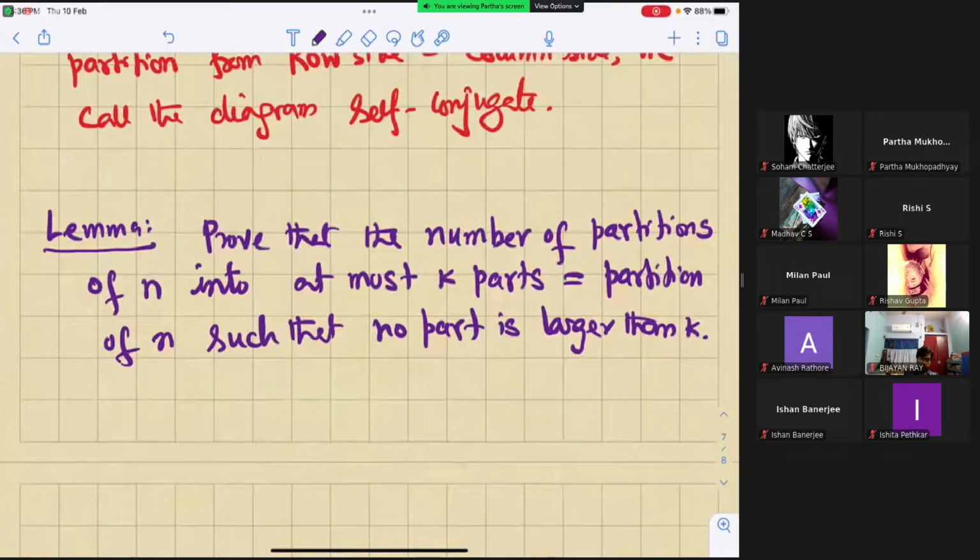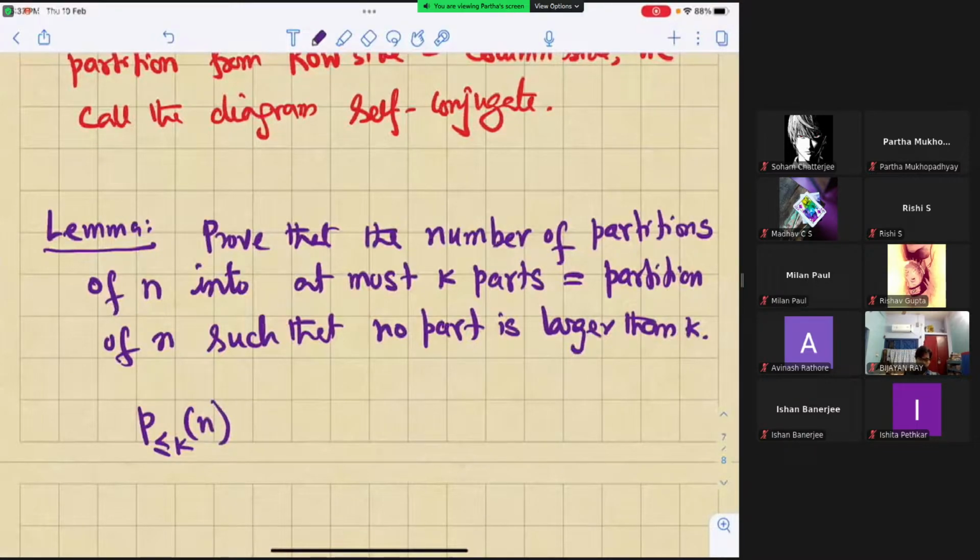So what is the lemma saying? The lemma says that if you want to count the number of ways of writing the number n as a partition in at most k parts, that means you are using a1 to ak, at most k parts. It could be less than that, but not more than k, not k plus 1 and so on. So look at that number, p of n with at most k parts.